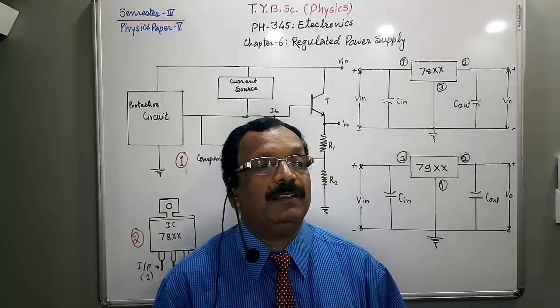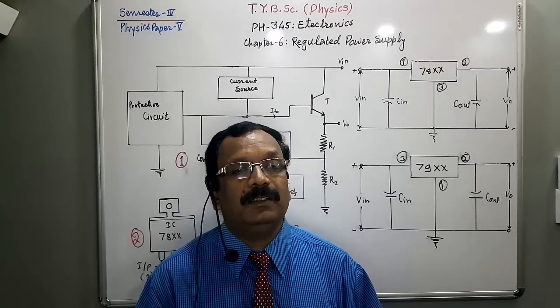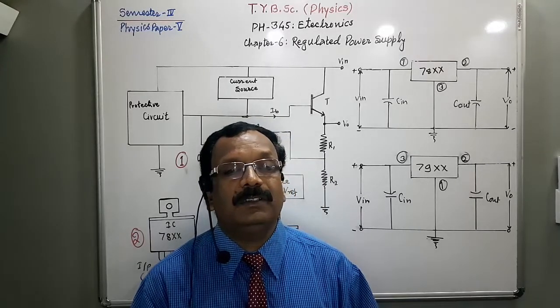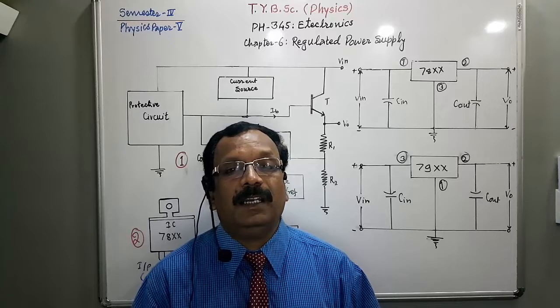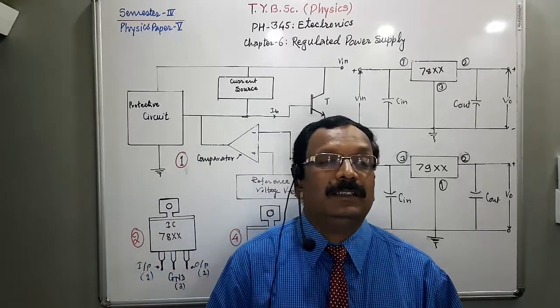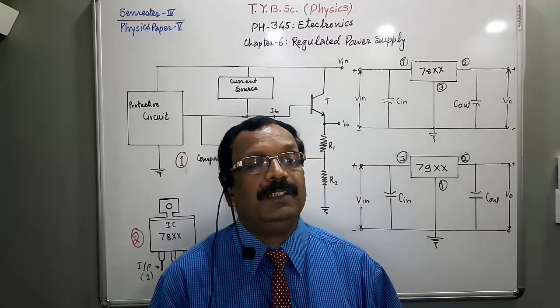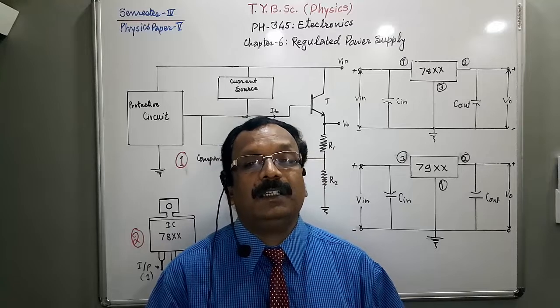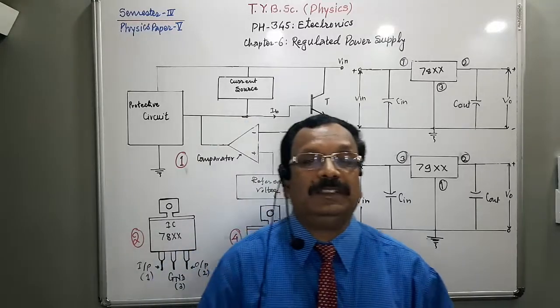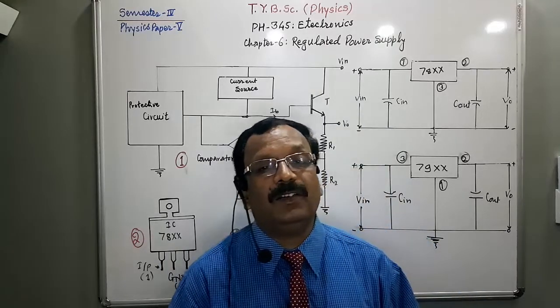As I told you, the power supply consists of a transformer, diodes, capacitors, and a regulating circuit. A diode is a rectifier which converts AC voltage into DC voltage. It is either a full wave rectifier or a bridge rectifier.